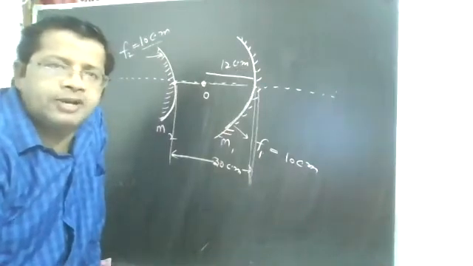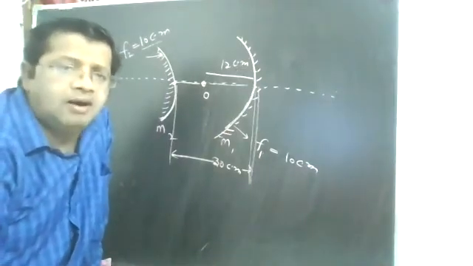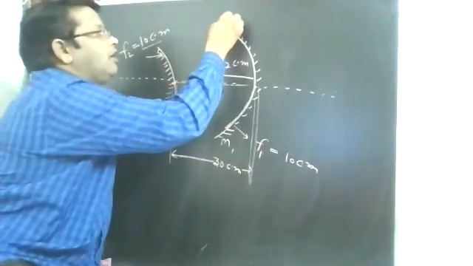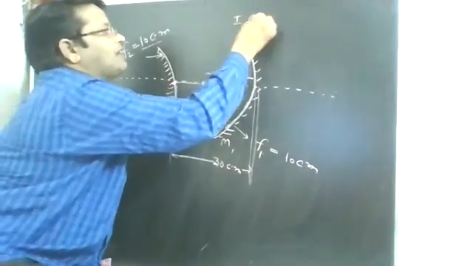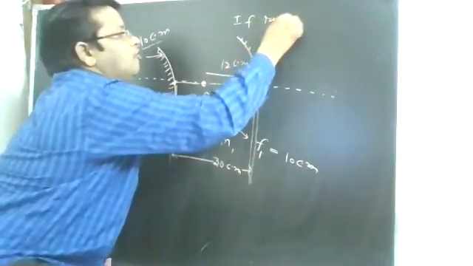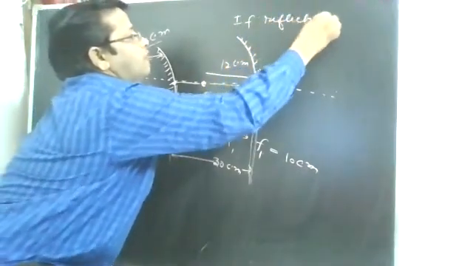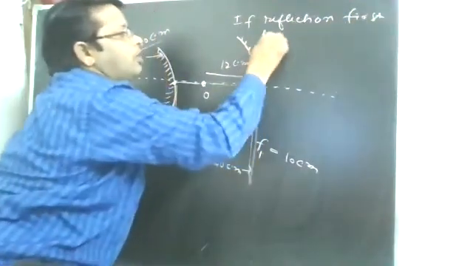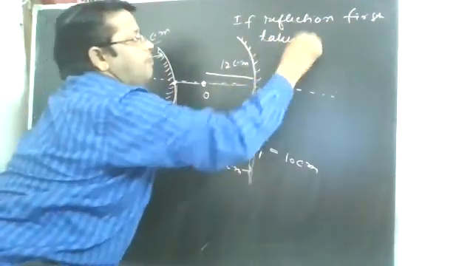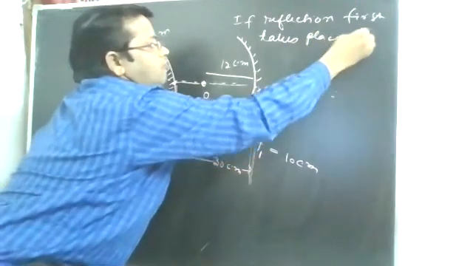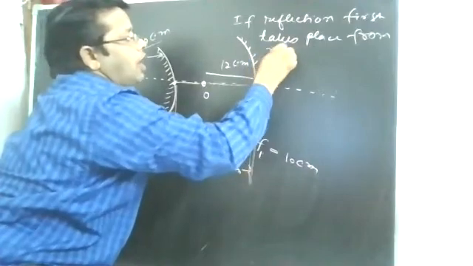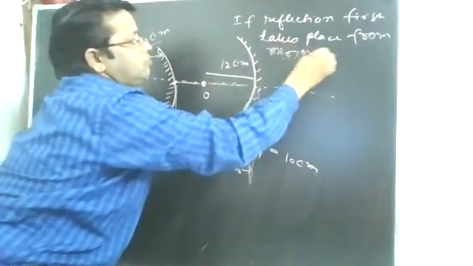Now what is the question? To determine the final image if reflection first takes place from the concave mirror, from mirror M1.